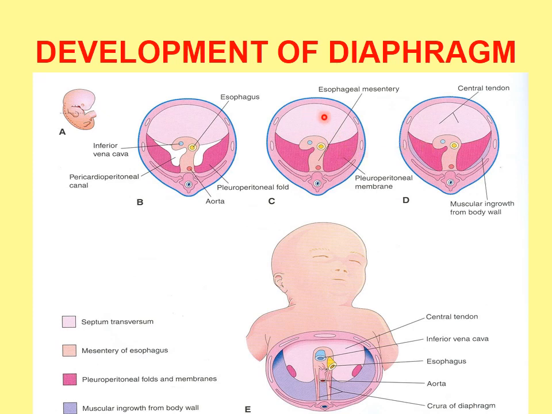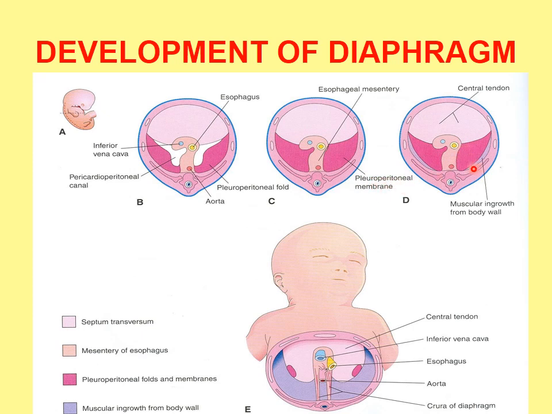So the septum transversum, the pleuroperitoneal membrane, and the dorsal mesentery of the esophagus contribute to the development of the diaphragm, along with some muscular ingrowth from the body wall. The pleuroperitoneal membrane is a membranous structure.